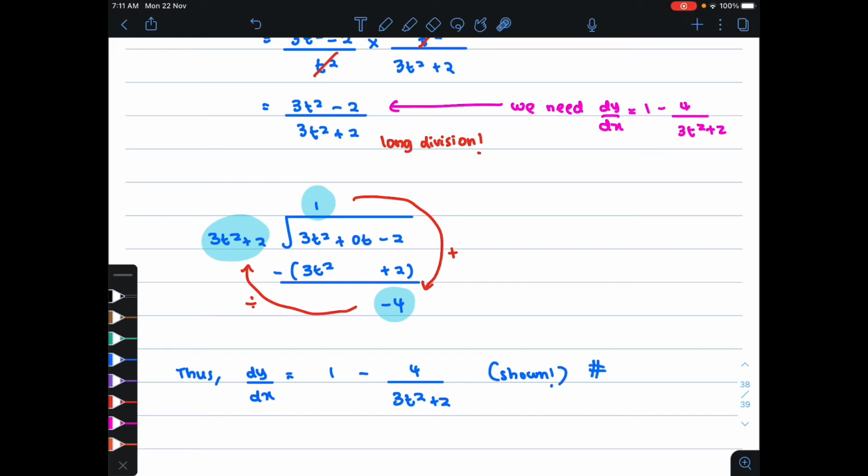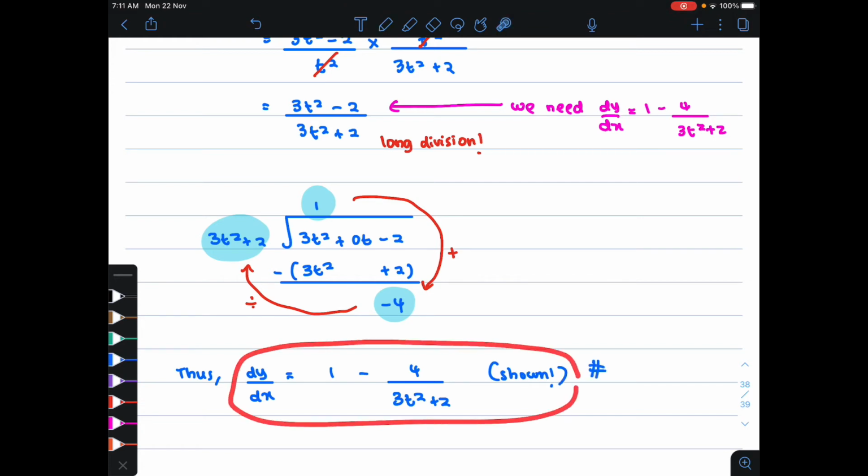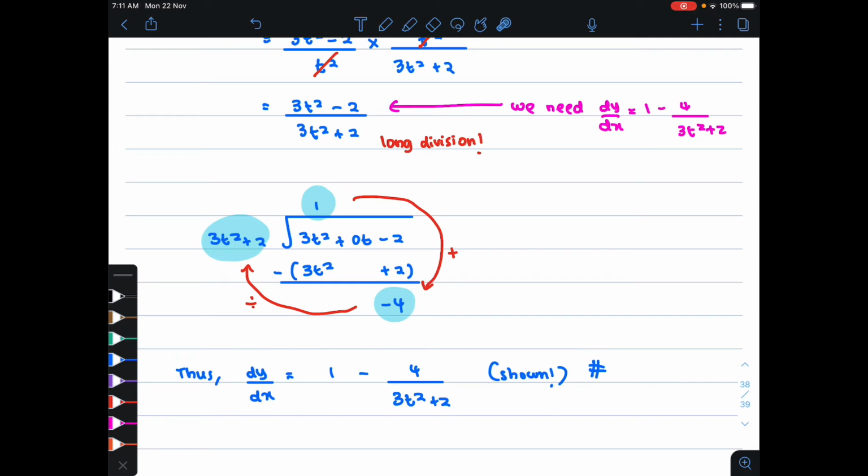And hence, by using long division, we will get dy/dx equal to 1 minus 4 over 3t squared plus 2.